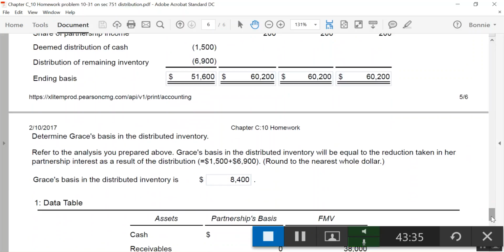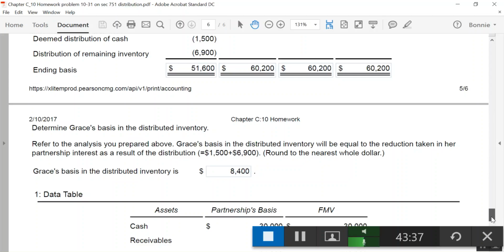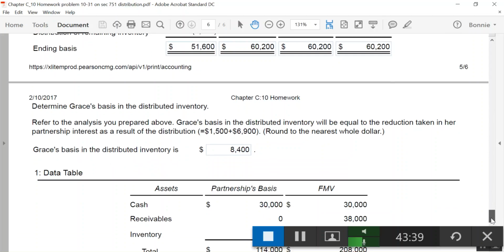Last, we need to determine Grace's basis in the distributed inventory. She actually did get some inventory, so what is her basis in that inventory?